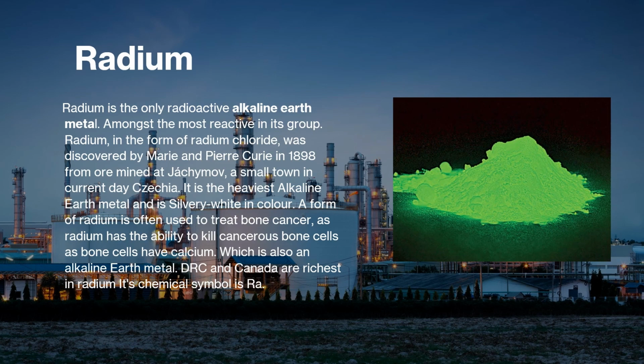It is the heaviest alkaline earth metal and is silvery white in color. A form of radium is often used to treat bone cancer, as radium has the ability to kill cancerous bone cells, as bone cells have calcium, which is also an alkaline earth metal. The Democratic Republic of the Congo and Canada are richest in radium. Its chemical symbol is Ra.